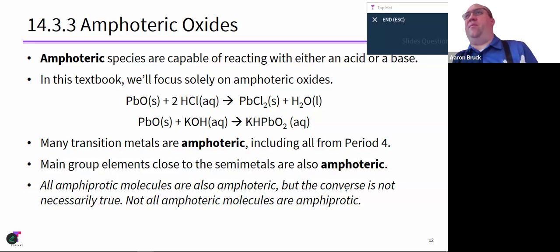So if, for example, I wanted to extract lead out of these lead ores, I would need to find a way to get the lead out of its oxide form. I would need to react it in some kind of way. And so what amphoterism does is it gives us the ability to, depending upon the circumstances, react that ore with acid or with base and get ourselves closer to the product.